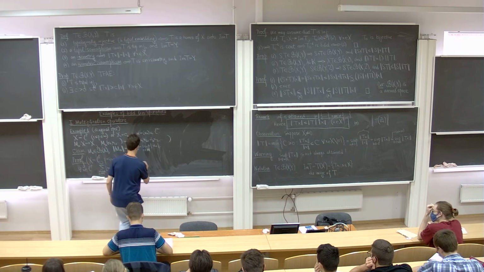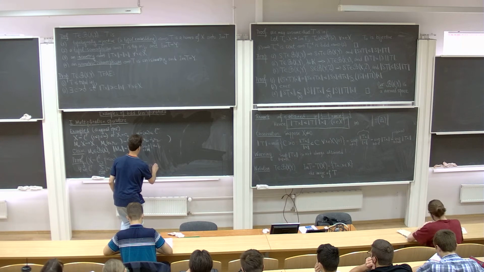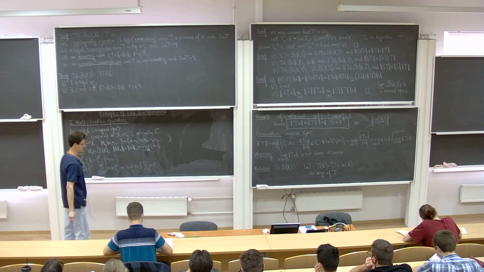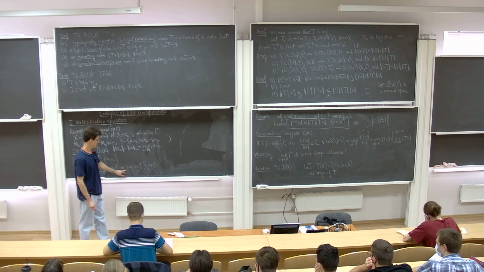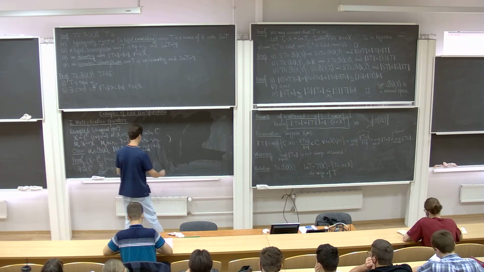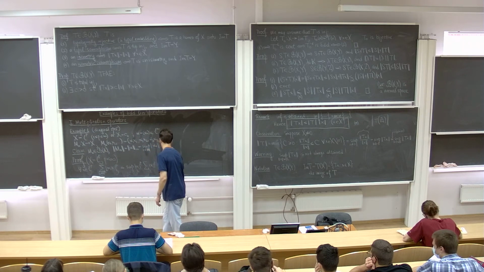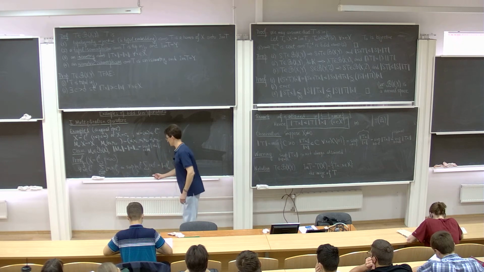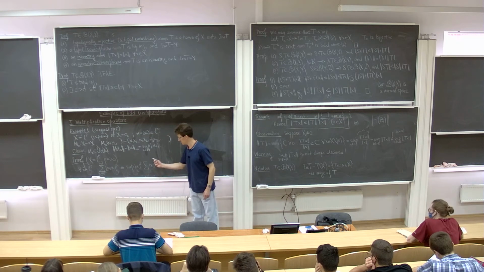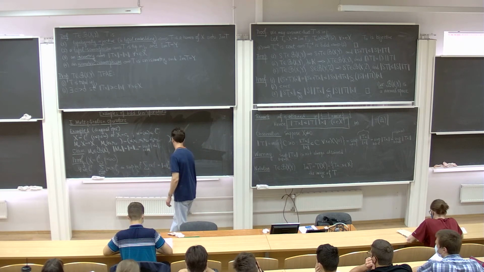And this should be multiplied by the sum of x_i to the power p. Well, this supremum is finite, and this is precisely the l^infinity norm of alpha to the power p. And this is nothing but the l^p norm of x to the power p.